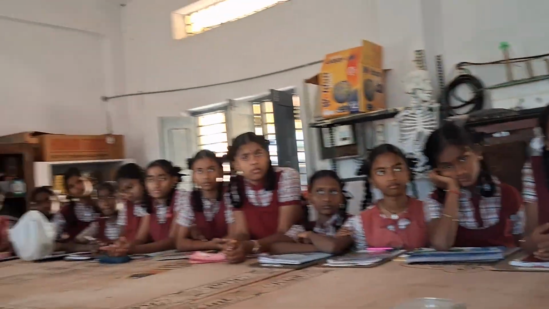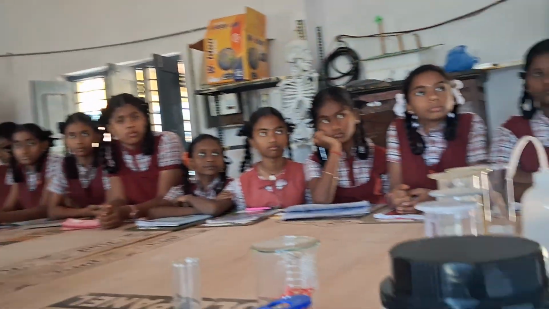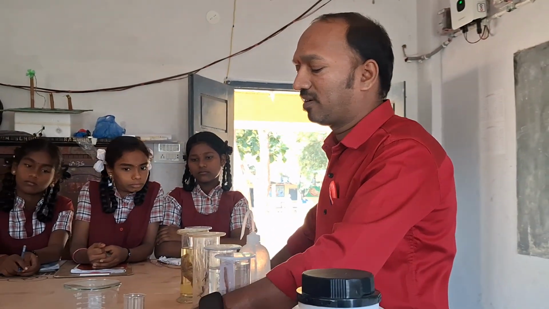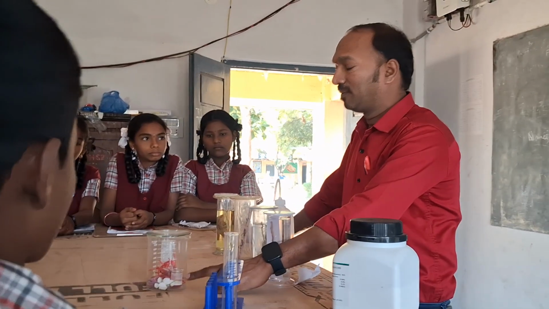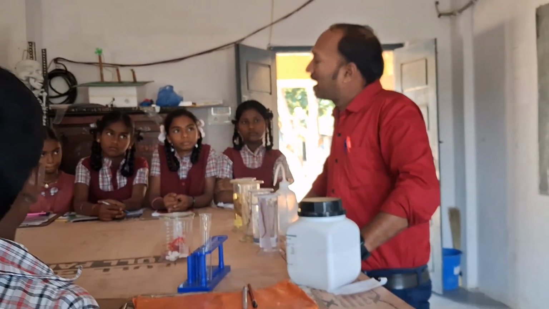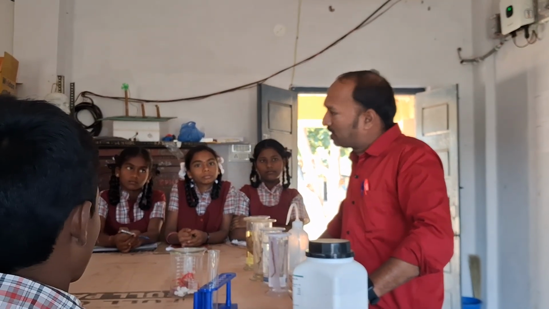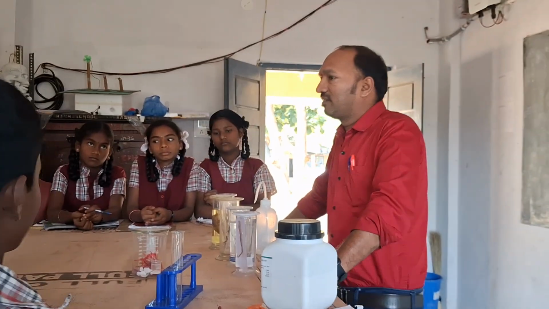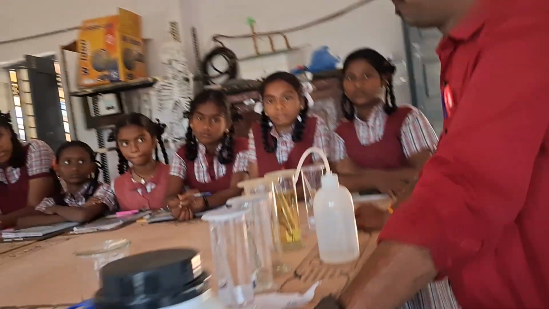On breathing, plants also release carbon dioxide. The carbon dioxide reacts with the lime water and turns its color into milky white. So that is a confirmation test that plants also do respiration or breathing. Is it right? Have you understood well?